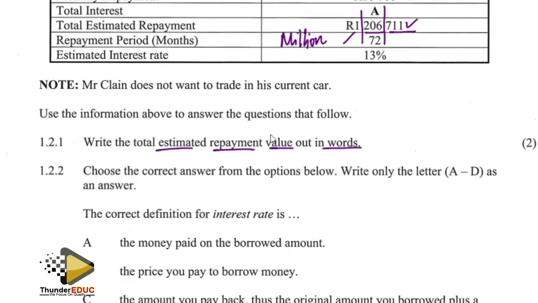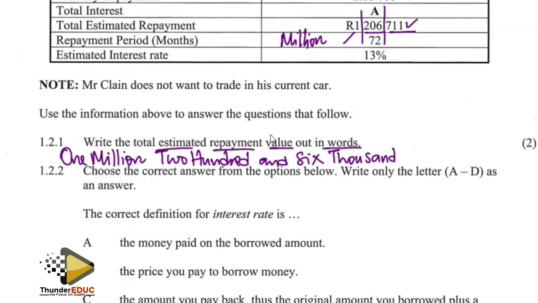So we shall write here and we say 1 million. And this one inside here becomes 200 and 6,000 because they have 3 values after 6,000, 700, 711.